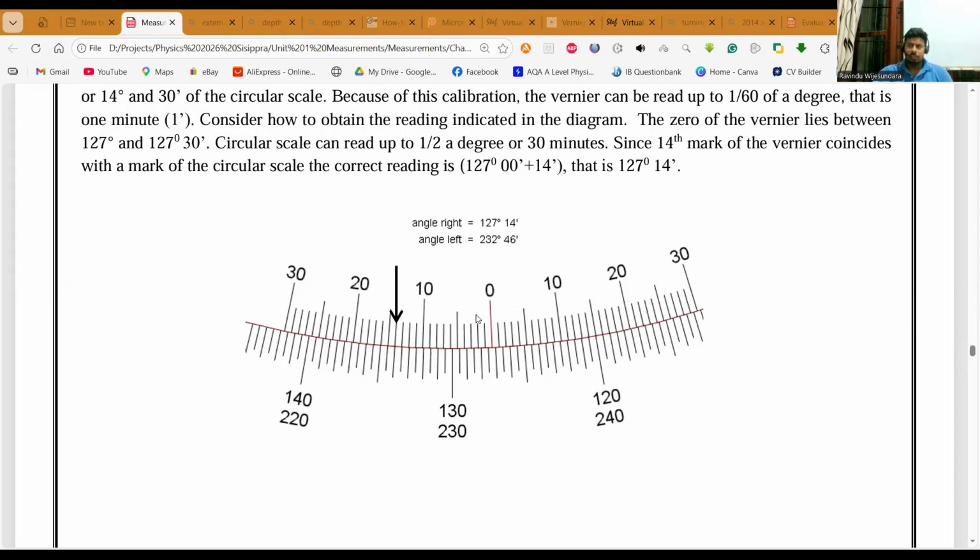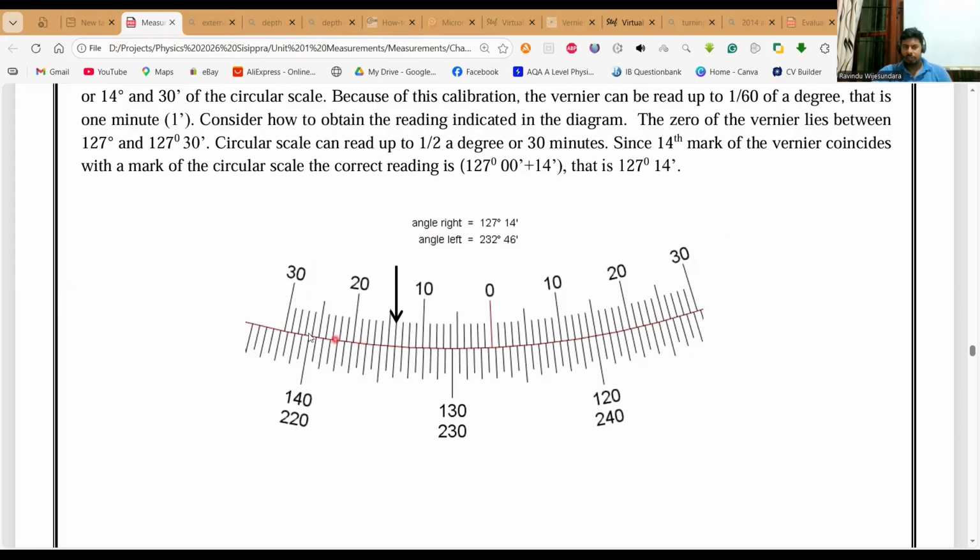Here you can see 0 in the middle, and you have 10, 20, 30 in the right-hand direction and 10, 20, 30 in the left-hand direction. This is marked on both sides because the angle can be measured on either side, clockwise or anti-clockwise.